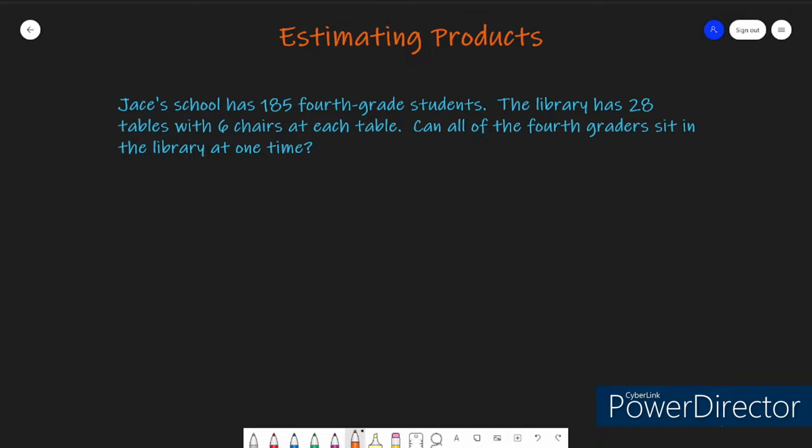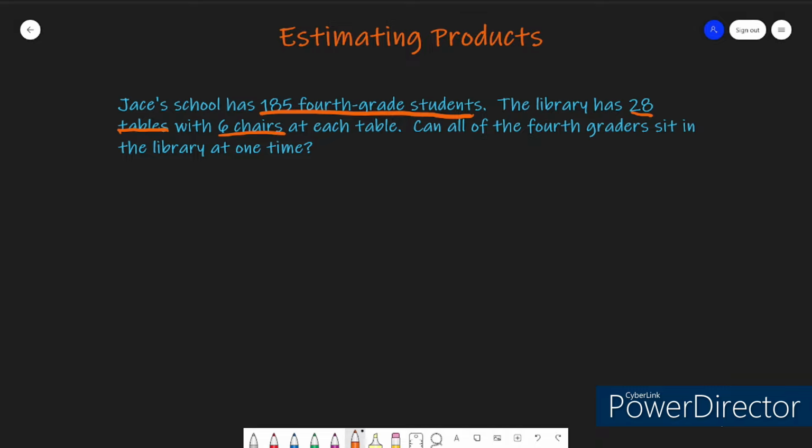Typically it is the numbers within it, because those are something you're going to have to deal with. So the first major important piece is how many fourth grade students are in the school. The next is 28 tables, because it's a number with a unit of measurement. And finally, our 6 chairs at each table.